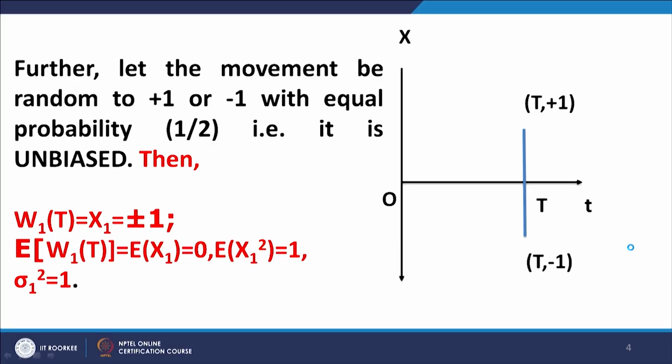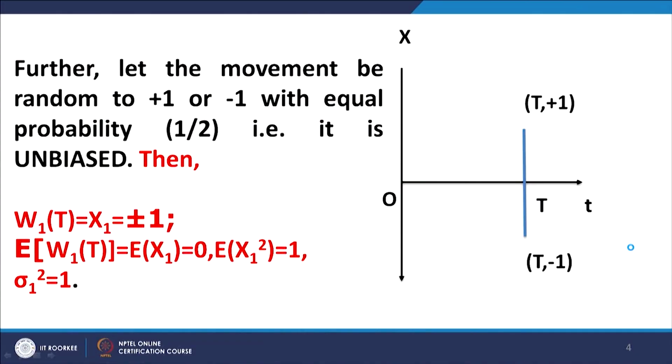Let me show it by a diagram. So, here is the diagram. You are at the origin of the coordinate system. As soon as the clock strikes T, which is the length of one time step, it need not necessarily be 1 second or 1 hour, it can be 1 unit of time, howsoever you define that unit of time. Not necessarily does it have to coincide with the conventional unit of time, it can be chosen as per the desired application.